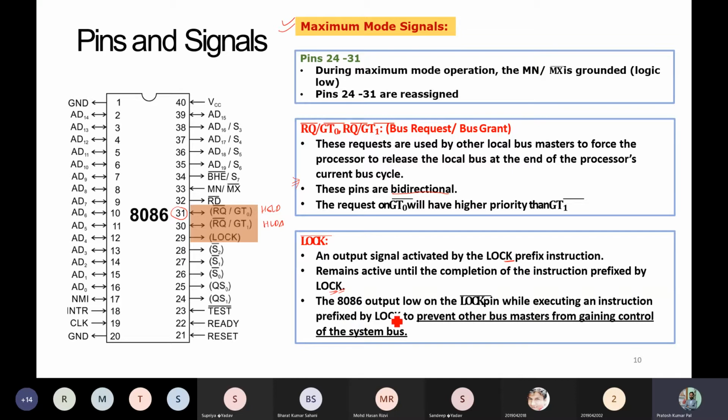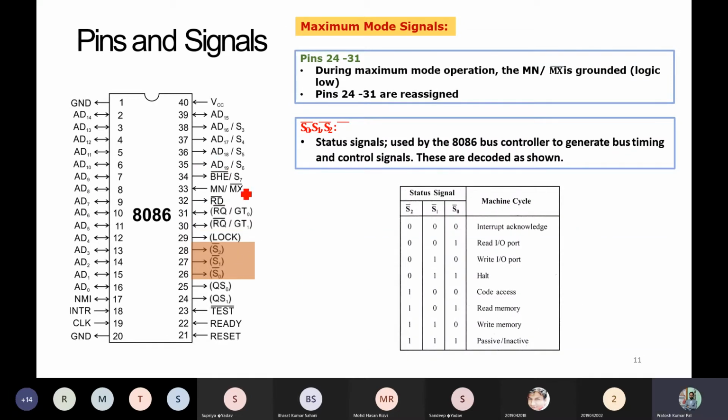So the control will not be given to other external processors; it will always stay with the 8086. If this lock is activated, control will not be given to other devices.